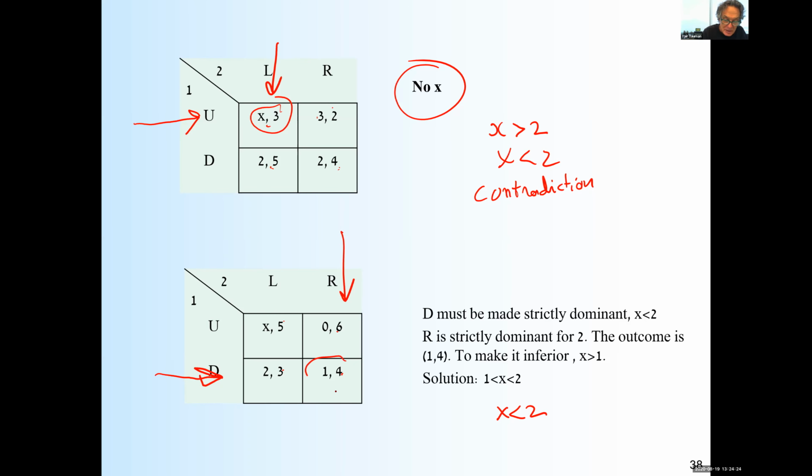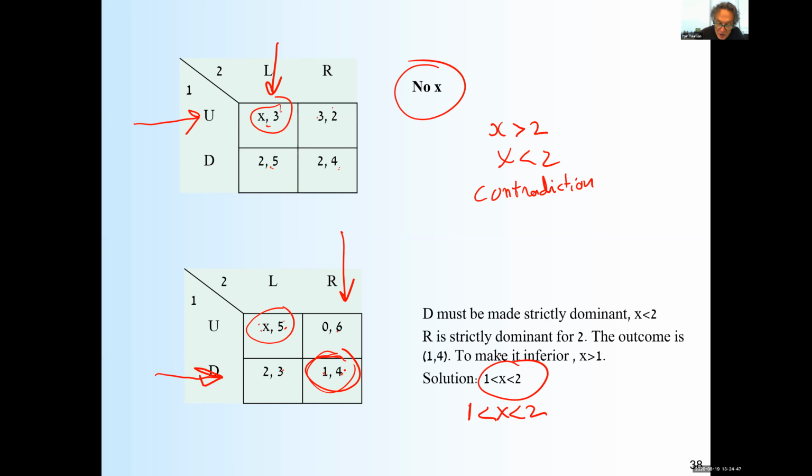The outcome is this. It must be inferior. 4 is less than 5, great. So 1, okay, this is the outcome, should be inferior, must be smaller than x. So x is bigger than 1. If x is bigger than 1, then this is inferior to this. And the answer is now x is in between 1 and 2.